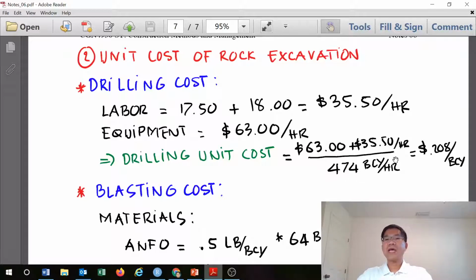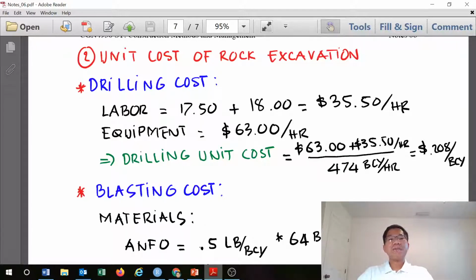So as you can see, we cancel out hours, so we will have dollar per BCY. So that is the unit, dollar per bank cubic yard. So to yield 1 bank cubic yard, we need to spend 21 cents for drilling costs, including labor and equipment.